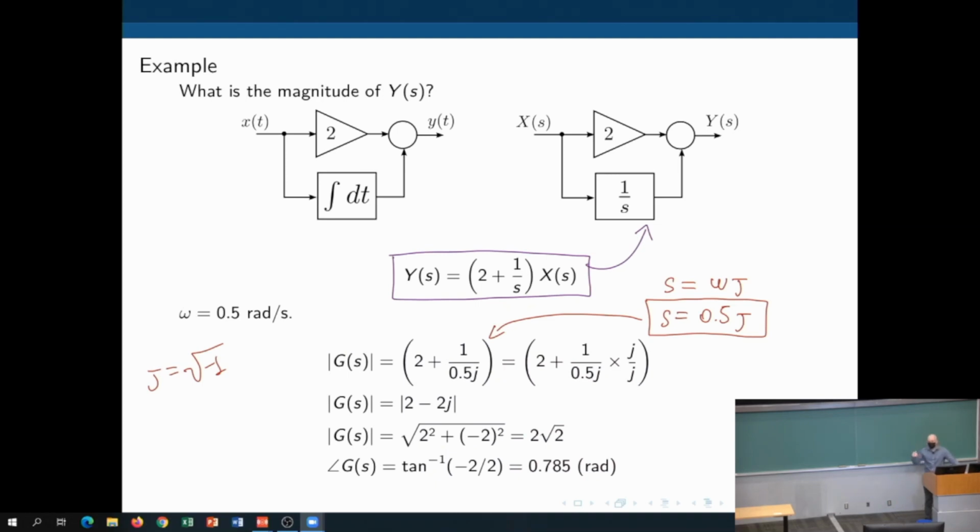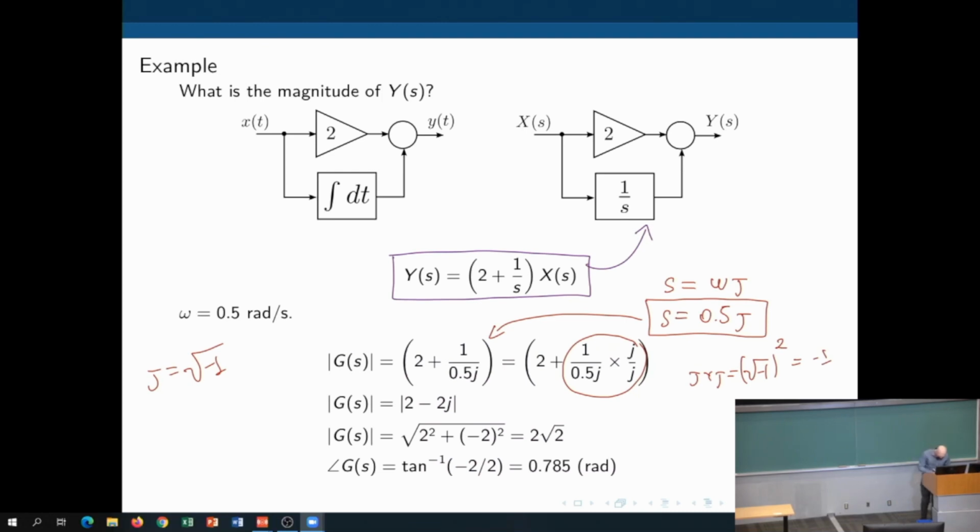By doing that, we're just getting rid of the j in the denominator, moving it to the numerator. So we have 1 times j, that's j. And we have 1 over 0.5, that's 2. And what is j times j? Negative 1, right? j times j is negative 1. So the result of this operation is 2 times j times negative 1, because j times j is the square root of negative 1 squared, which is negative 1.